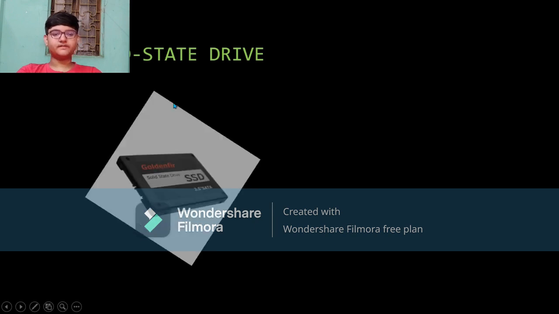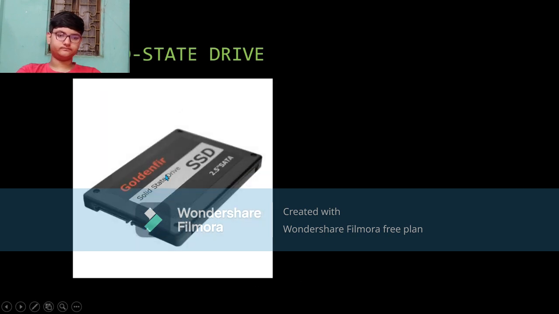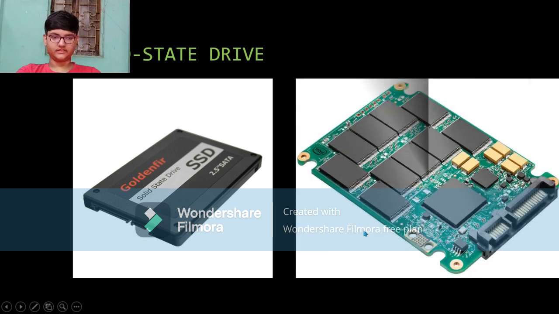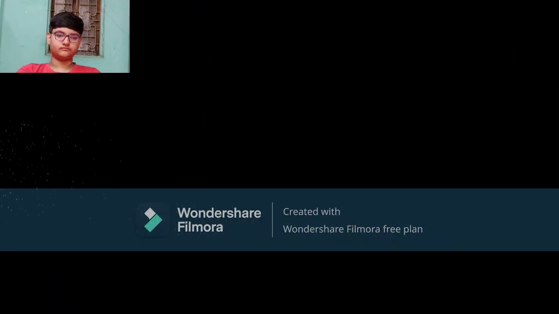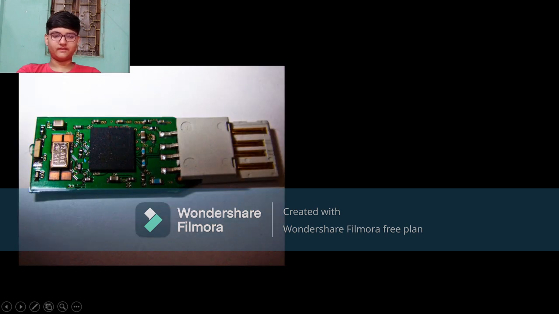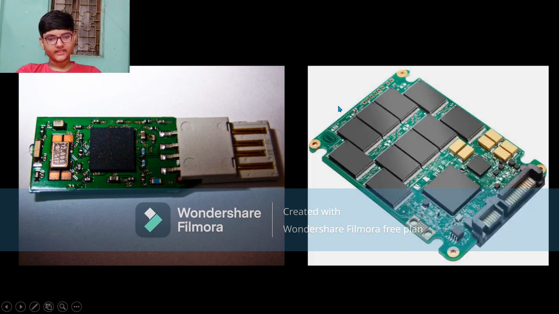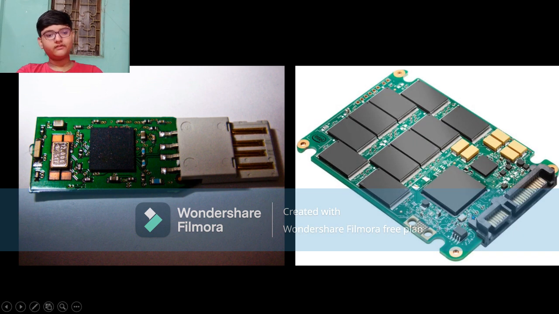Okay, so this is the picture of an SSD, and this is the insert part of it. This is a pen drive, and this is the insert part of an SSD. Now you can see that this SSD works in the manner of a pen drive.